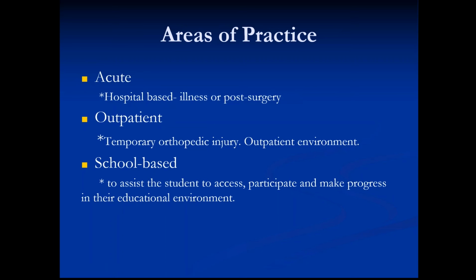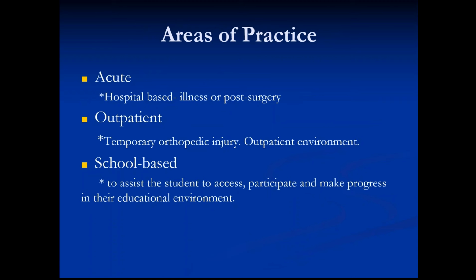The physical therapy goals in this setting often relate to restoring the child's mobility to function in their home setting after discharge. The child might need to learn to walk with a new assistive device, learn new stretches, learn how to don or doff a new brace or splint, or restore their baseline mobility and strength level post-illness. So acute care is really that hospital-based therapy that a child might receive in that setting.